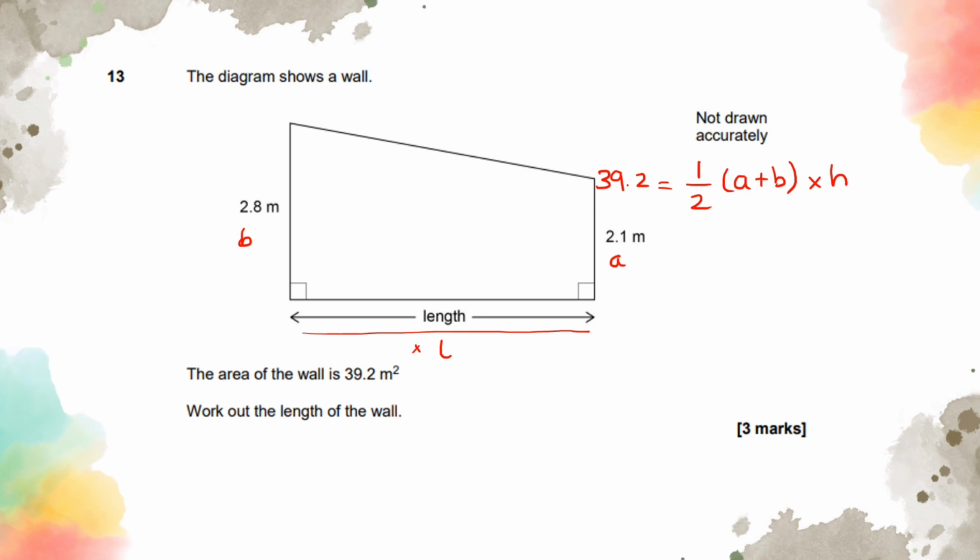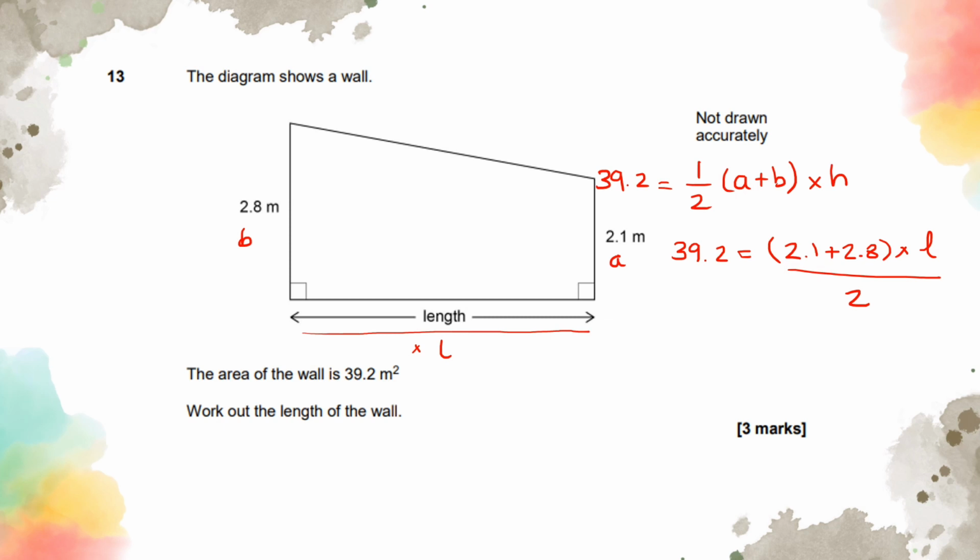Okay. Now, I'm going to be writing this down as 39.2 is equal to A plus B, 2.1 plus 2.8, multiplied with the height, the length in this case. When you times something by half, it's the same thing as dividing it by 2. So I'm going to write it down like this. We need to solve this now.